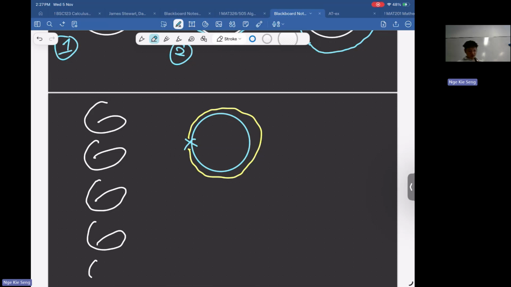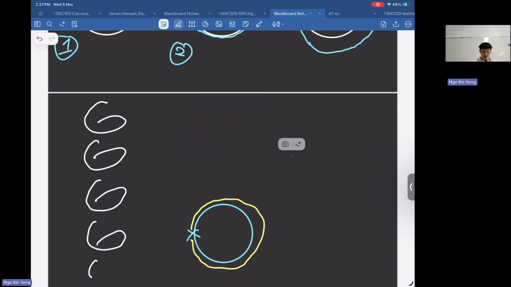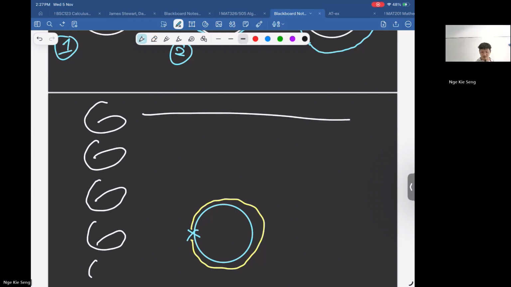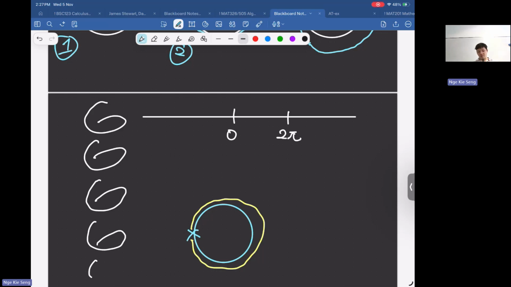If you want to draw it as a straight line, it's better that you mark where your base point is and what the full turn is, what the next pre-image is. It depends on what your p is.